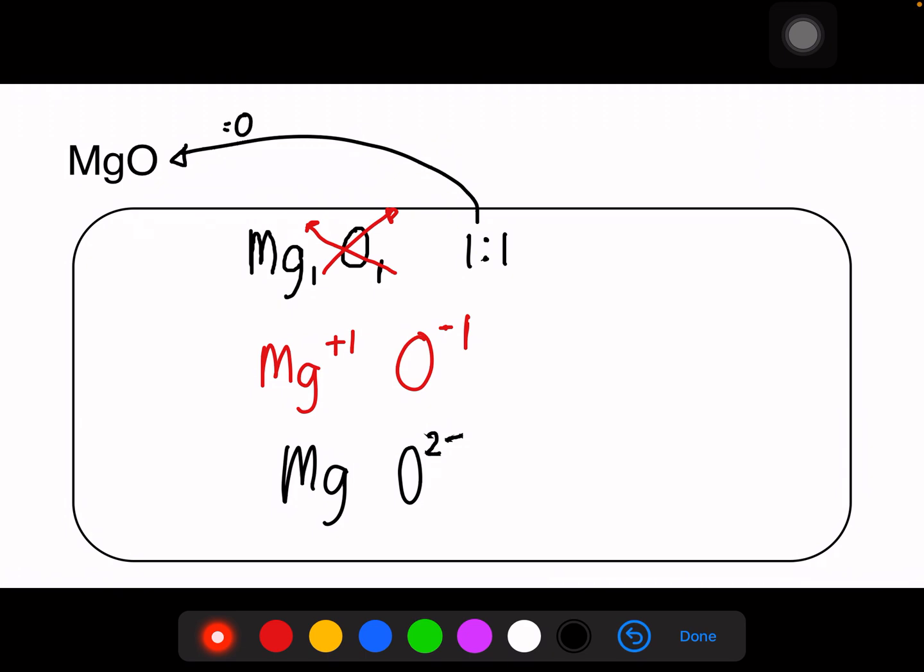So you need to find a number that when you add to negative 2 will be equal to 0. So obviously the answer is positive 2. Okay? So the ions present in magnesium oxide, or MgO, are magnesium 2 plus and oxygen 2 minus.